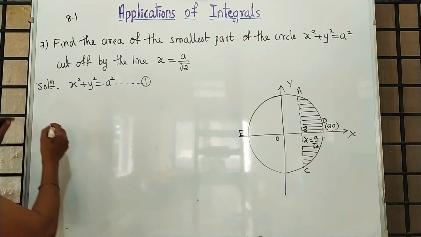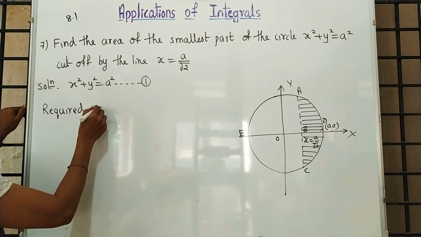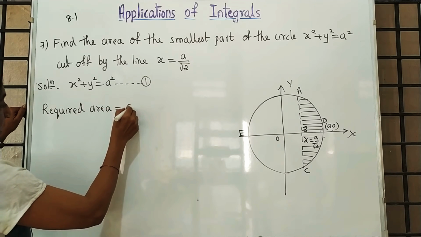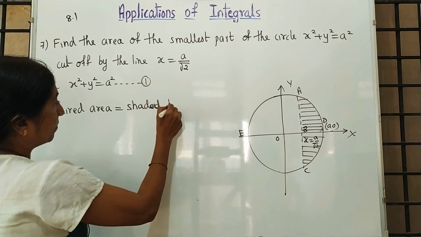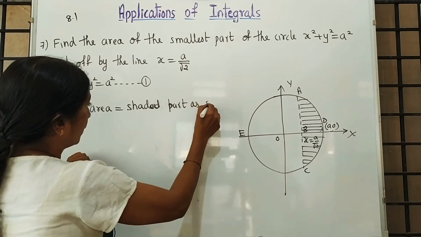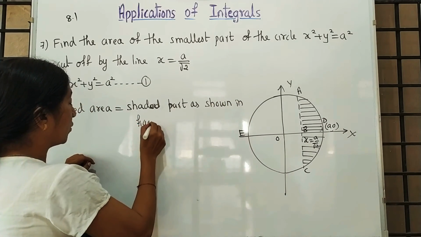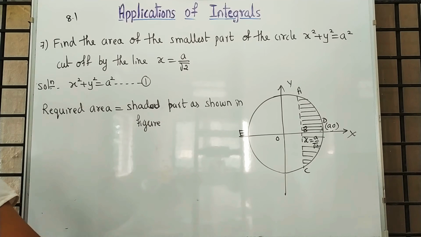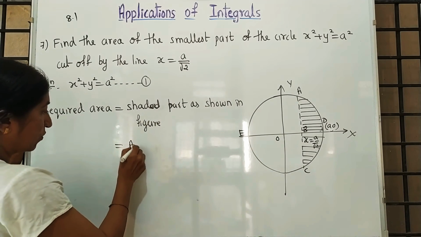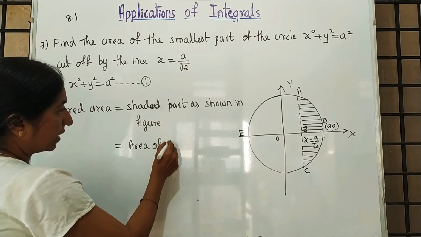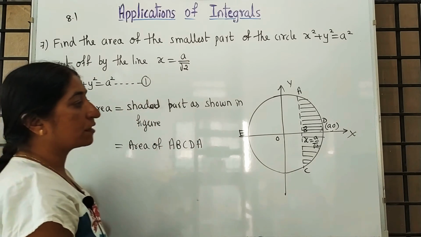Write down. Required area is equal to the shaded part as shown in the figure. And why are we shading that? Because we require the smallest part. That is equal to the area of A, B, C, D, A. And below the x axis we cannot come.